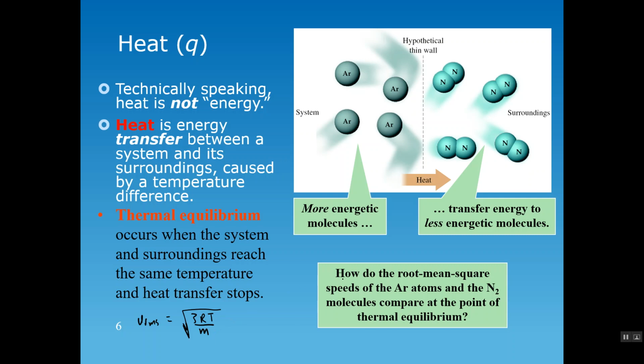Now, what this question is asking is how do the root mean squared speeds of argon atoms and nitrogen molecules compare at the point of thermal equilibrium? So basically what they're saying is that at the point of thermal equilibrium, the temperature for both gases would be the same.